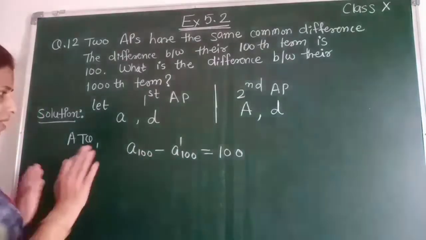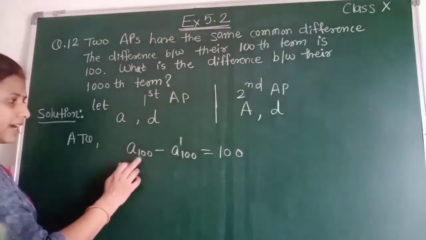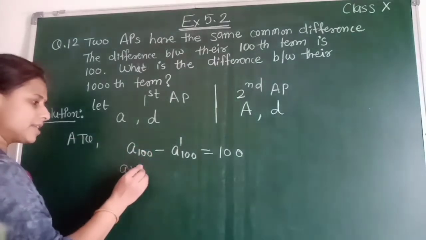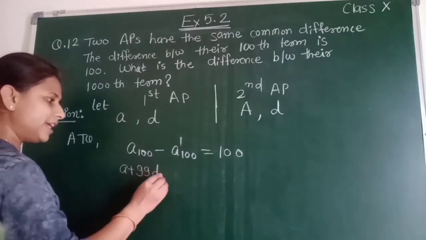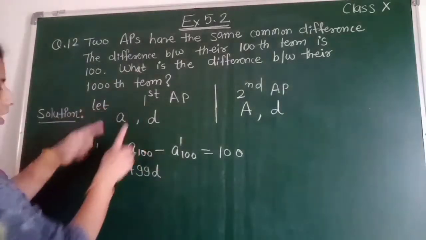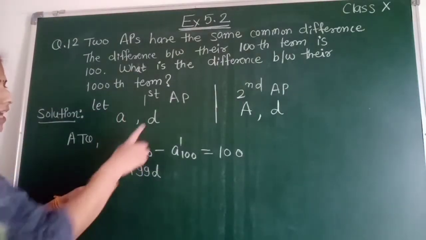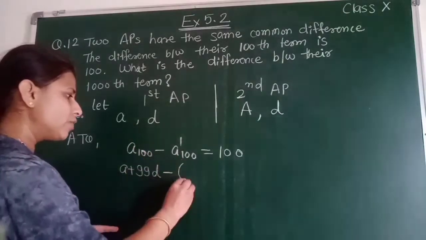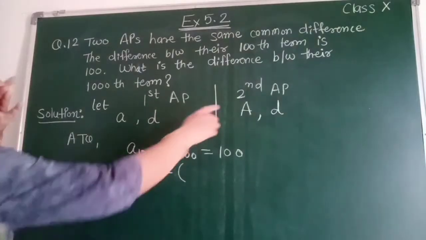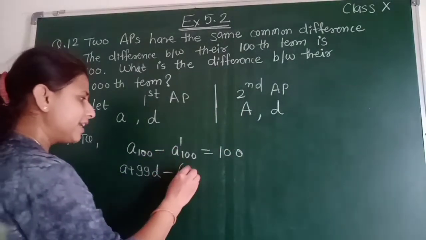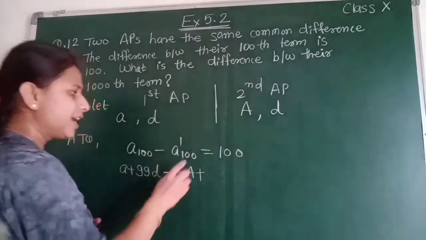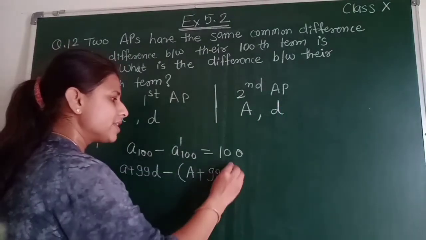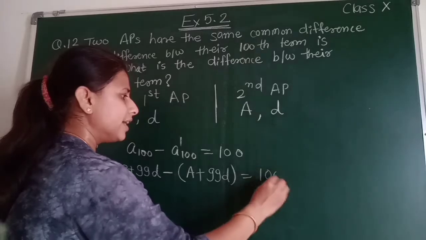Okay, what will that 100th term be? Yes, a plus 99d, because for this first AP, the first term is a and the common difference is d. Then minus, then we will use a bracket. For this second AP, again the first term is capital A, then 100 minus 1 we get 99 and the common difference is d, equals 100.